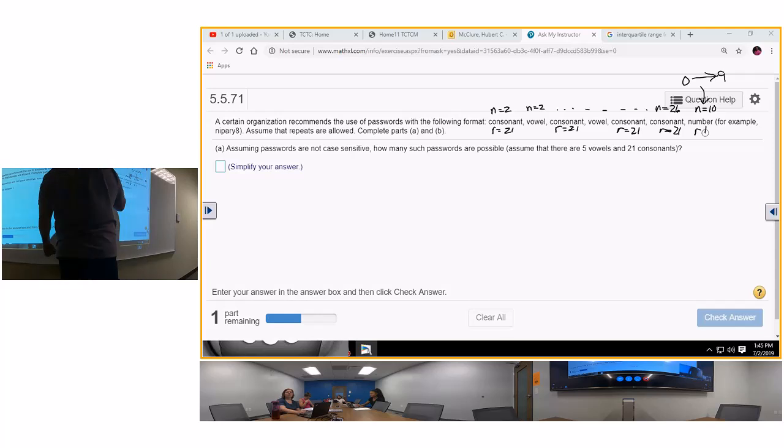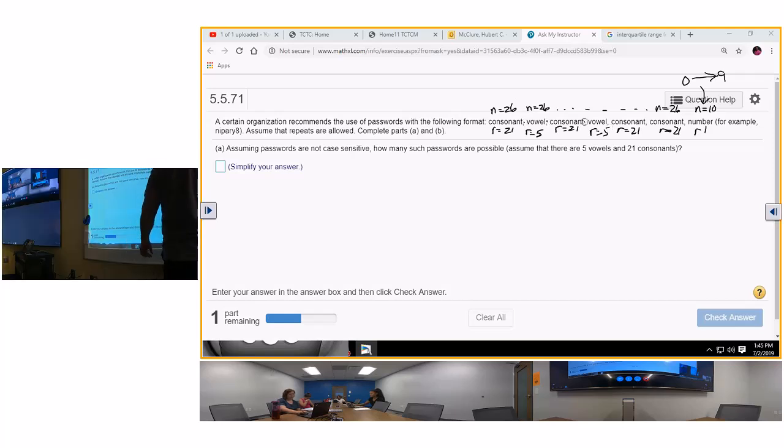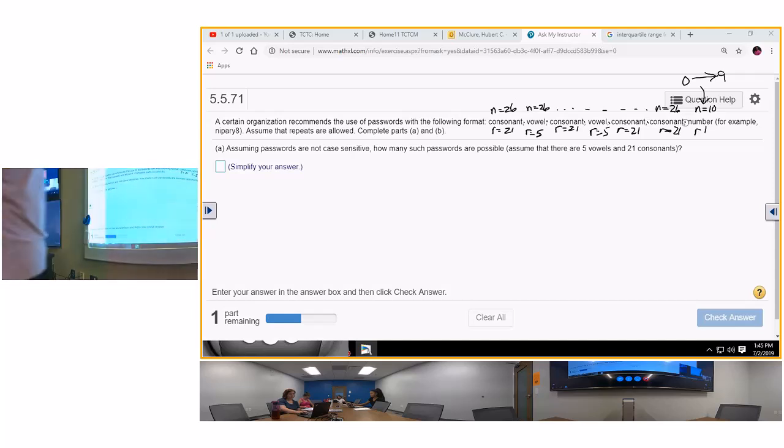Okay? And here, R is equal to 5. Like that. And then you're going to multiply each one of those. Multiplication, multiplication, multiplication, multiplication, multiplication, multiplication. That's going to be a big number.